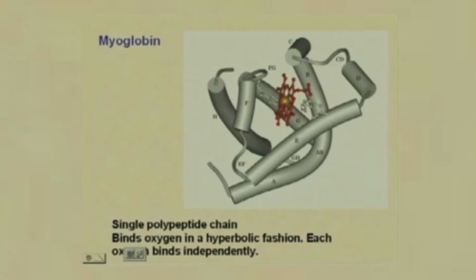So what we have in myoglobin is a single polypeptide chain, a single heme attached to it, so it will bind one oxygen molecule. Each heme binds an oxygen molecule, and the fashion in which it binds is called a hyperbolic fashion, which we'll see what it means in a minute and how it is important in the functioning of myoglobin. Okay, because we have to remember that the structure of myoglobin obviously is going to dictate its function.